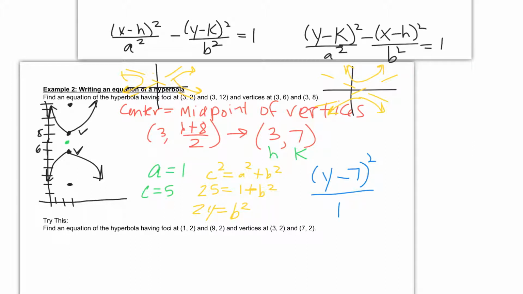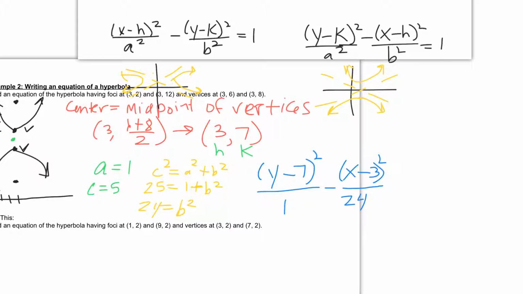So I have 1 minus x minus the h value, which is 3, squared, over b squared, which is 24. I just left this as b squared, so that 24 is b squared, that goes there. And then that's going to be equal to 1.